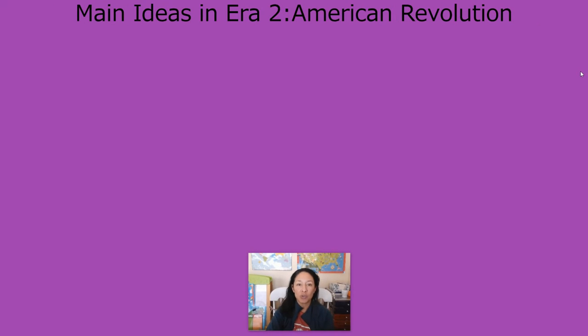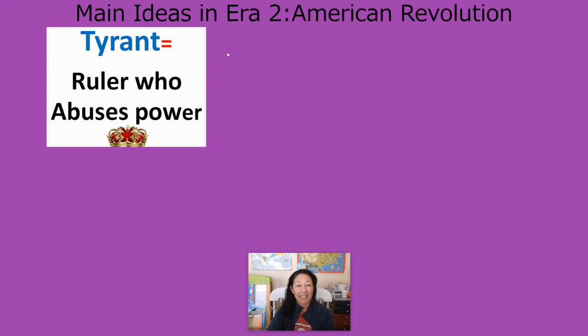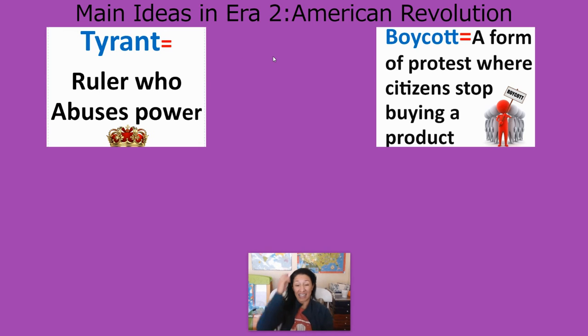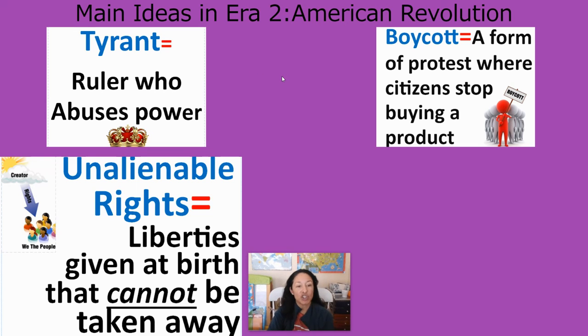All right, Era 2 was all about the American Revolution. A big idea, the King of England really started to be a tyrant, someone who abuses his power. The colonists didn't like this and started to boycott or protest English products in order to send a message to the king, which didn't work. The colonists wanted to ensure inalienable rights, which are liberties given at birth that cannot be taken away.